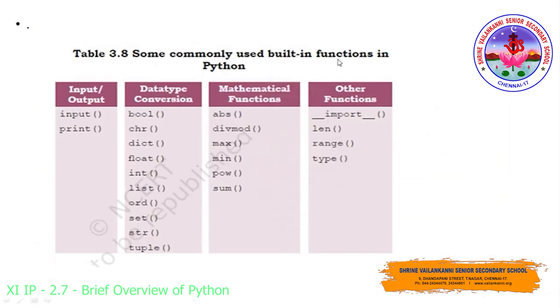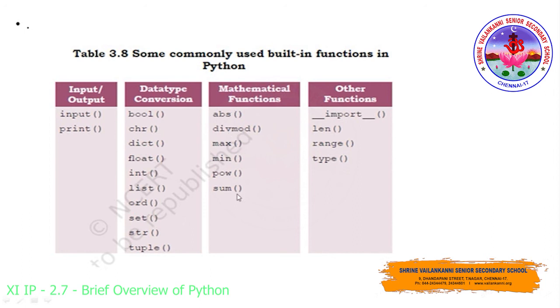Now, if you look at some of the commonly used built-in functions in Python, for input and output, we make use of the input function and the print function. For data type conversion, we make use of bool, char, dict, float, int. Float we have discussed, even dictionary we have discussed, and then list, ordered list, set, strings and tuples. All these things we will discuss later.